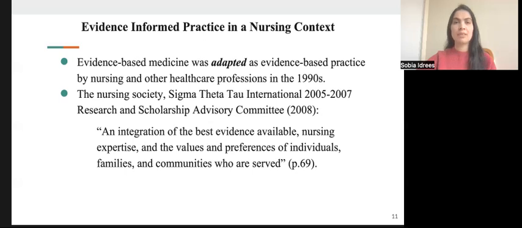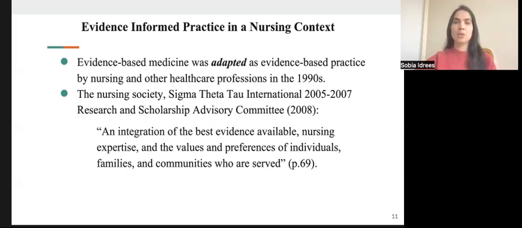If we are serving individuals, then the third element is the preferences of individuals. It could be families, it could be communities. So integration of all these three components is called evidence-informed practice in nursing context.